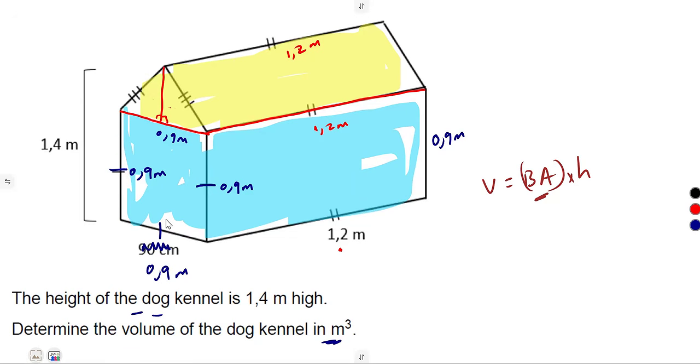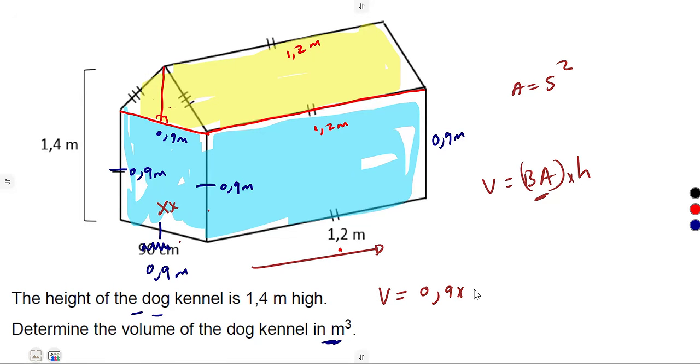The height from that square to the other square on the other side will be your height. So the first part is base area, the area of a square. Remember, area of a square is side squared, side times side, 0,9 times 0,9.